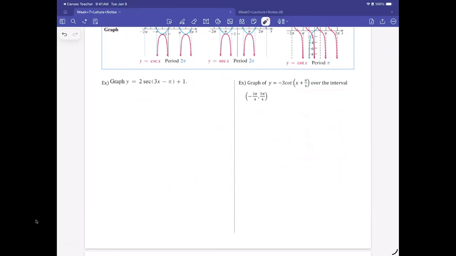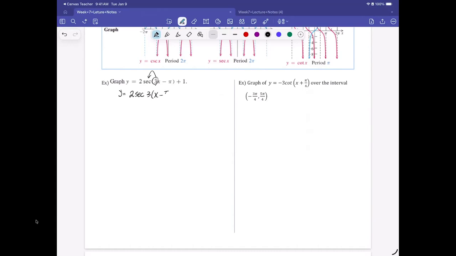The y is equal to 2 secant of 3x minus pi, plus 1. I know it looks very hard, but the first step is I'm going to factor out 3, because 3 is b. So y is equal to 2 secant of x minus, if you factor out, that means you have to divide it by 3.